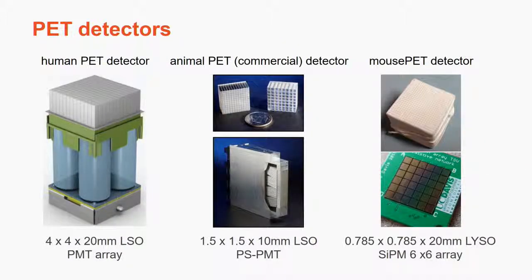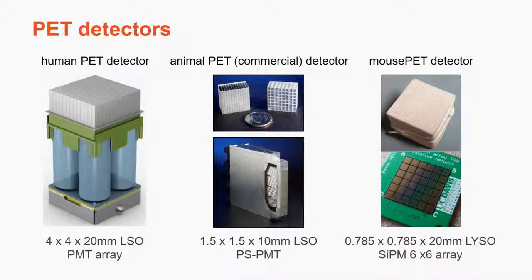And of course, an important part of development and the solutions has been high-resolution detectors. So this slide shows a typical human PET detector from a few years ago with coarsely segmented crystals and a small number of photodetectors sharing the light output. Then we have one of the earliest commercial small animal PET systems with more finely segmented crystals, and in this case using position-sensitive photomultiplier tubes and light guides.